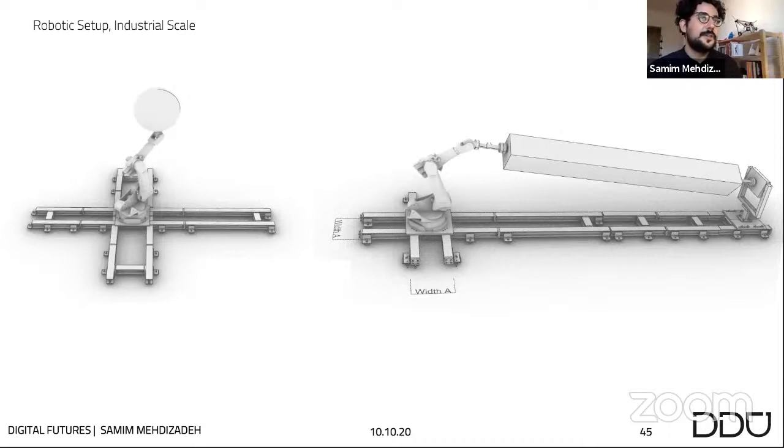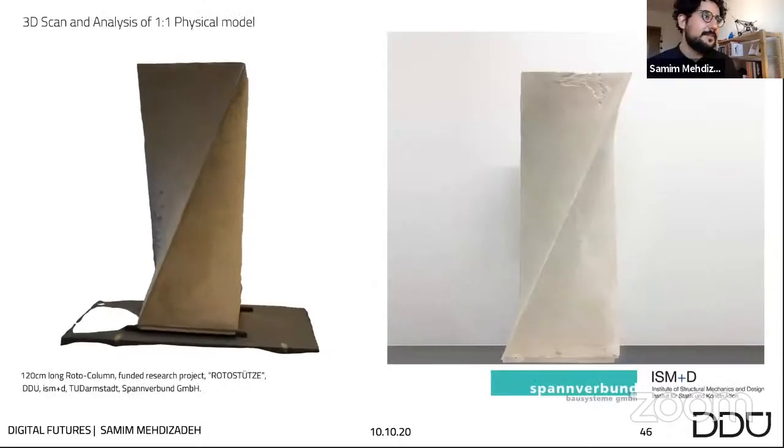We have focused on scaling up this procedure for materializing 6-meter long columns, and also what we're calling free sequential casting, as you see on the left side, and different robotic setups have been developed for this project.